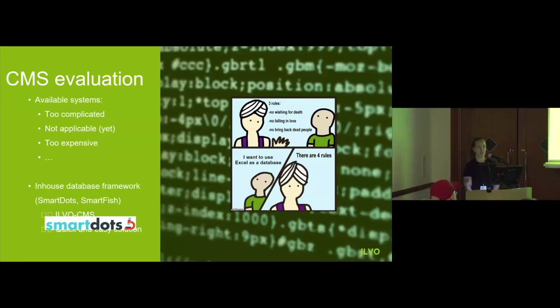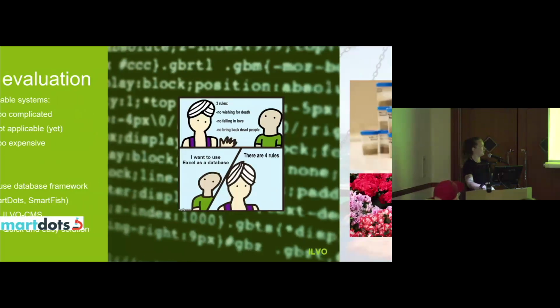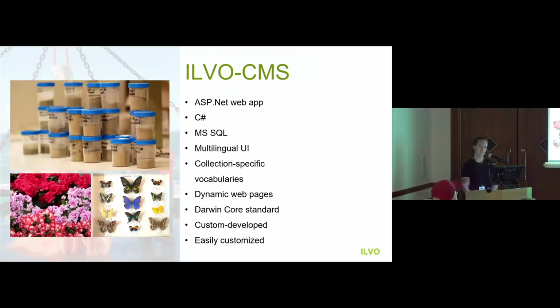We didn't really find one that could give us a simple and quick solution. So as we have an in-house database framework already for other applications, so we have the code, we decided to just try to make our own simple collection management system. And that is how ILVO CMS was born.